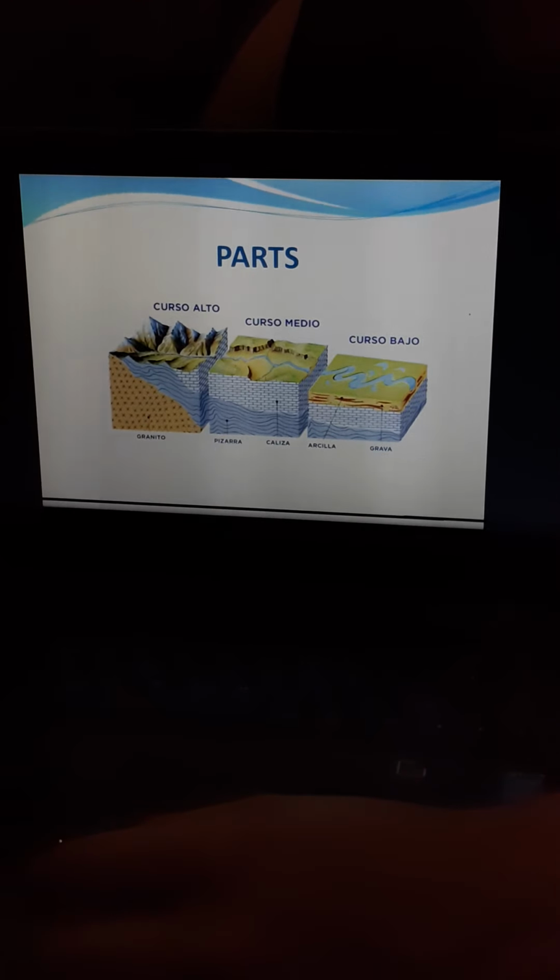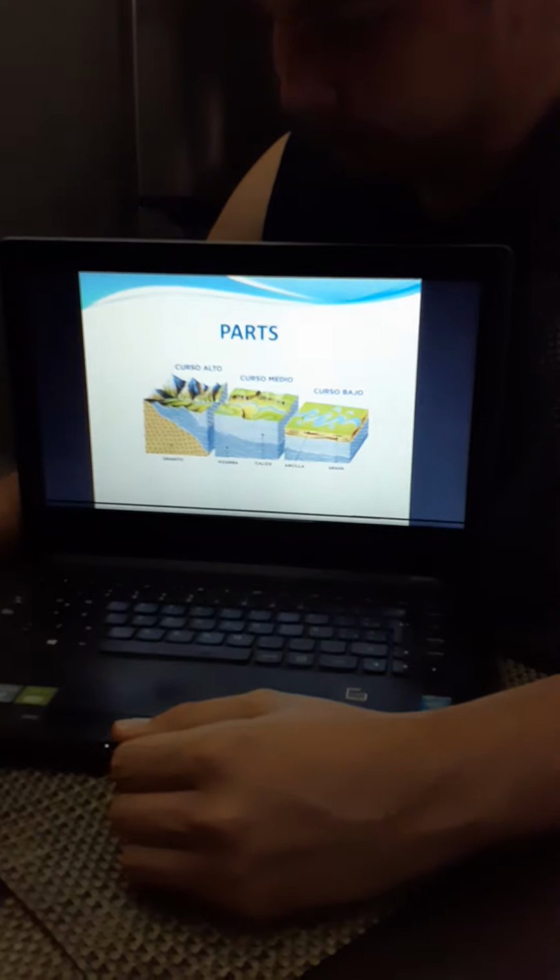It is divided into three main parts: the upper part, the middle part, and the low part, which have different characteristics to be analyzed.